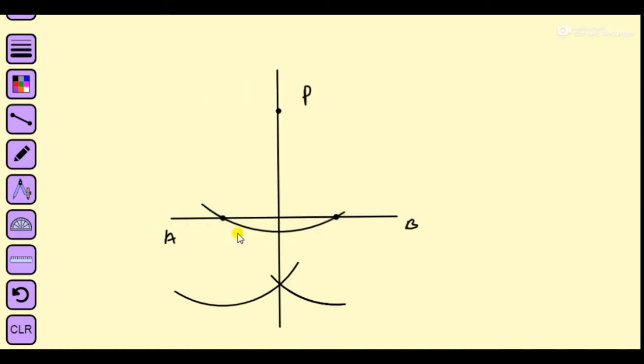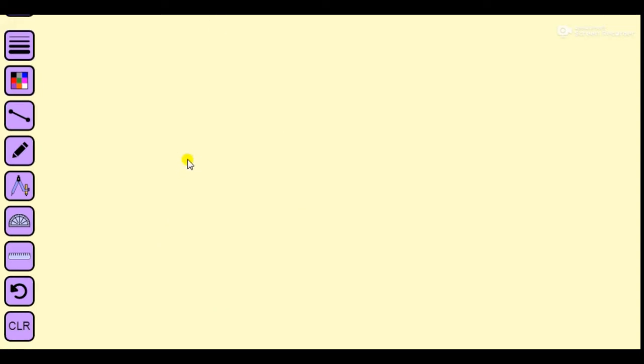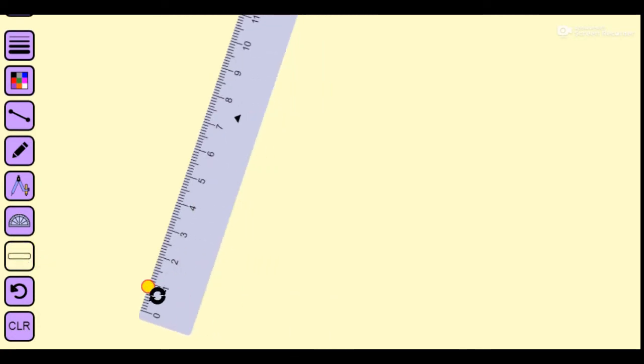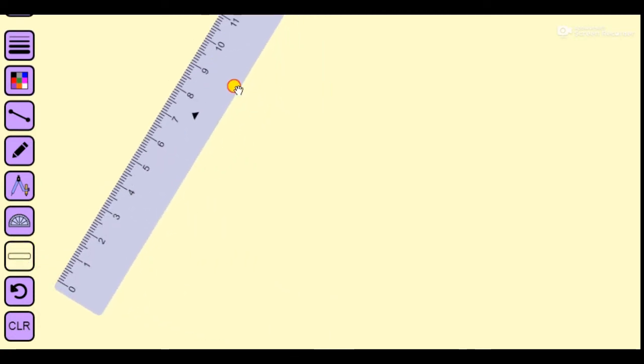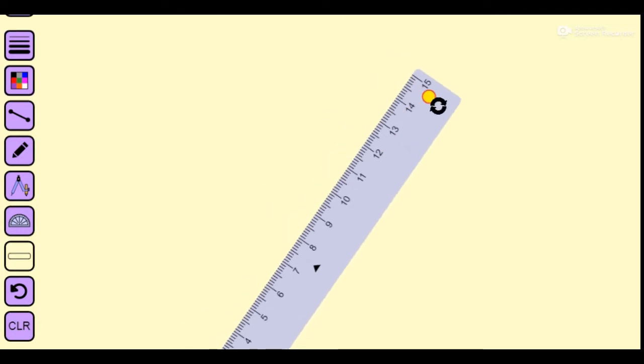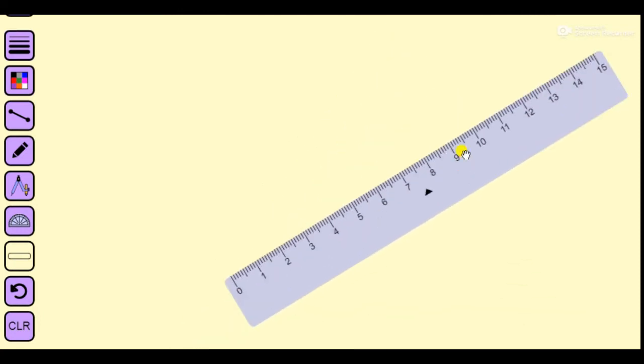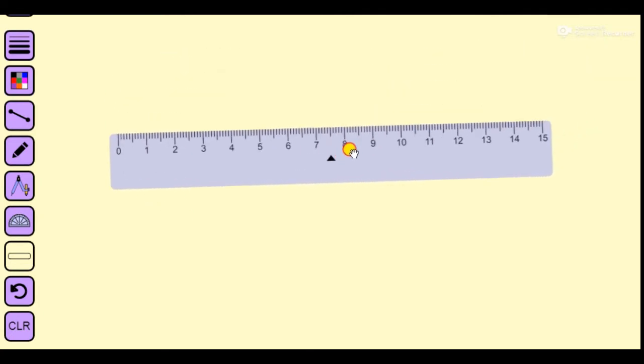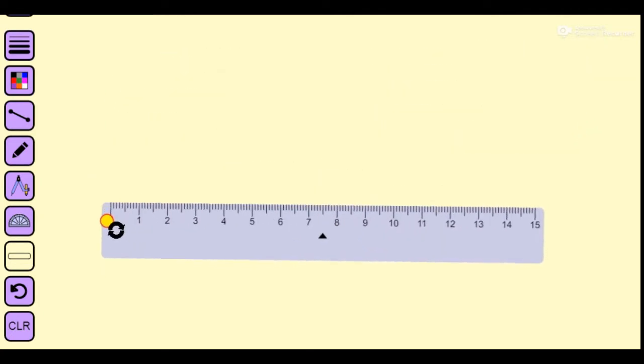How can we draw a perpendicular line on any given line? Let us see how to draw the perpendicular bisector. First, take your scale and draw a line.